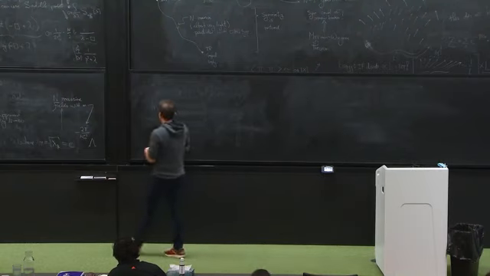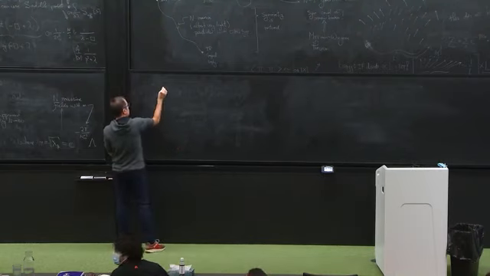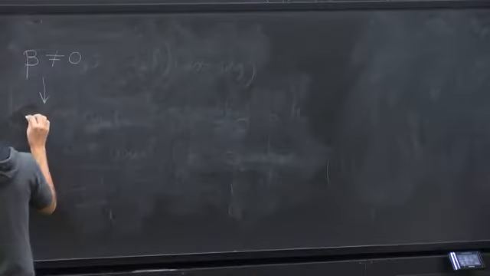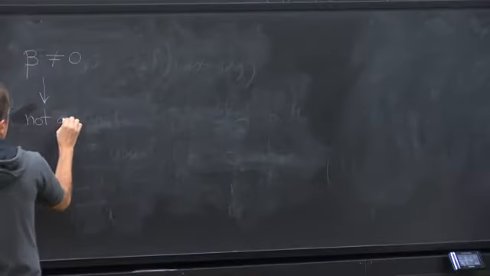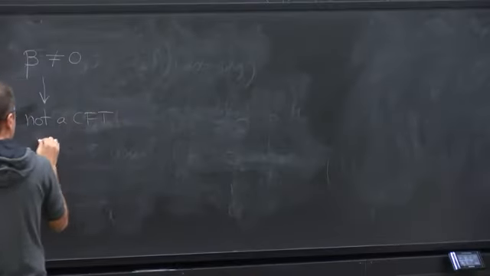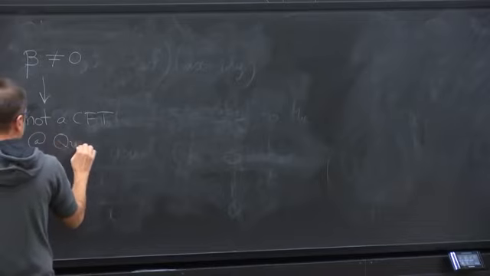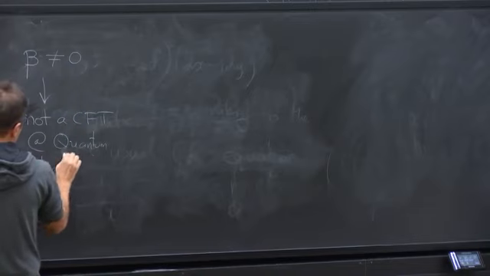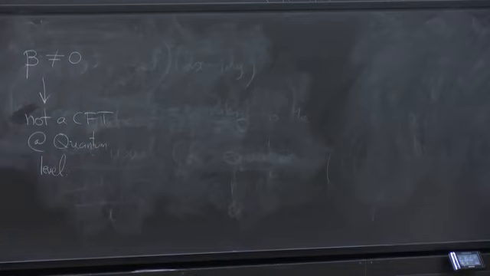And so the conclusion is that we have an interesting beta function. This model is not a CFT at the quantum level. Instead, it has all this rich behavior, all this rich physics that we explored in these lectures, including dynamical mass transmutation and so on and so forth.